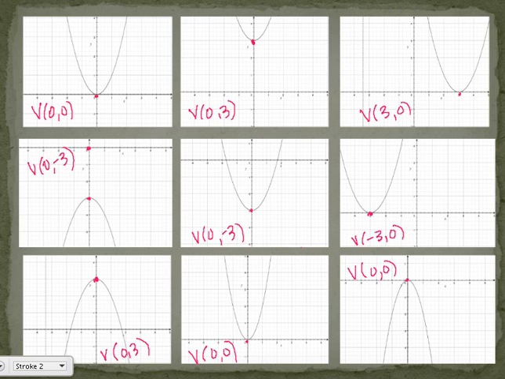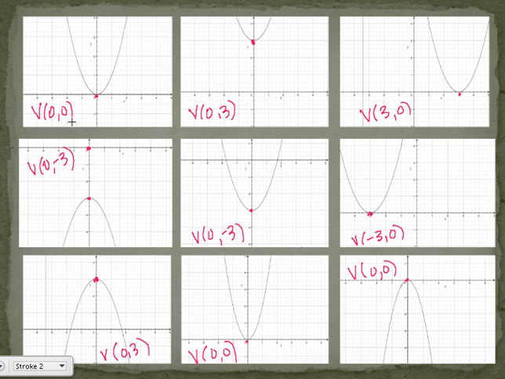Perhaps you recall me suggesting in the past that when a is positive, your parabola will open up. When a is negative, your parabola will open down. So we have a nice mixture of parabolas that open up and parabolas that open down.